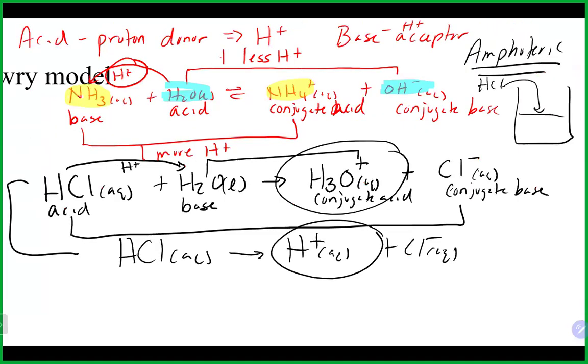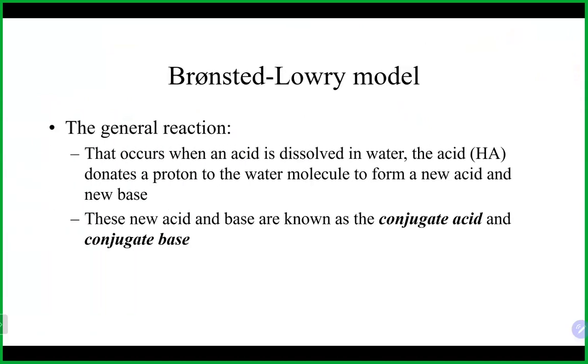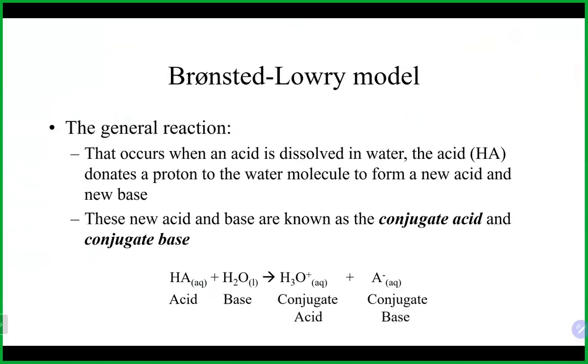Question on that there. That is the consequence of the Bronsted Lowry definition, which is that you do create partners that are related to each other. And the most important thing about that relationship is that one H plus can be the absolute only difference between them. If there is a difference of more than one H plus, they are not related to each other in that sense.